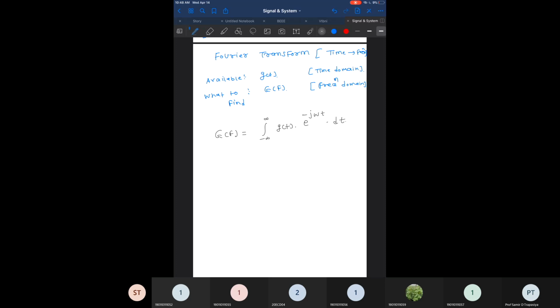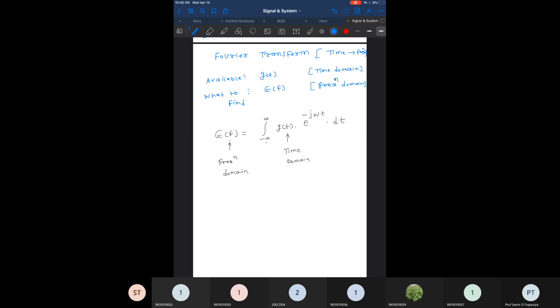So that is the signal in a time domain. We multiply with e raised to minus j omega t and integrate the signals from minus infinity to plus infinity. And if we find the signals, then we are able to find the signal in a frequency domain. So both are related with each other. One is in a time domain, another is known as a frequency domain.